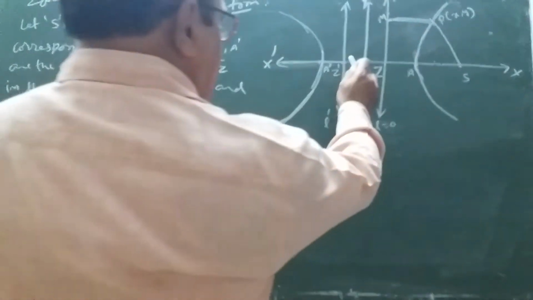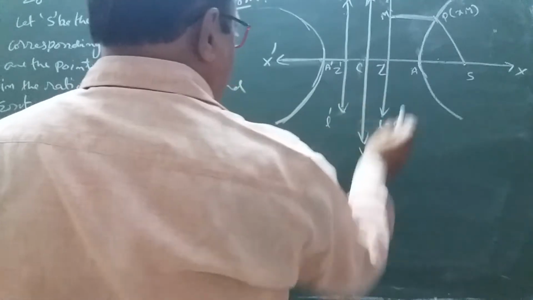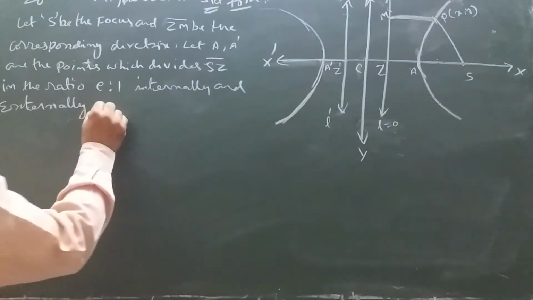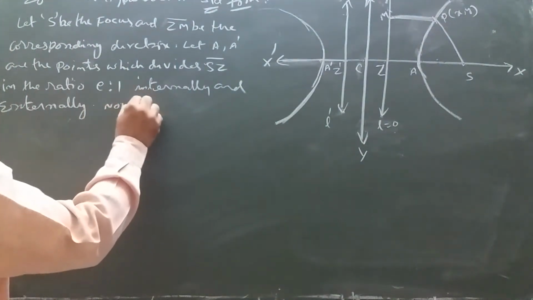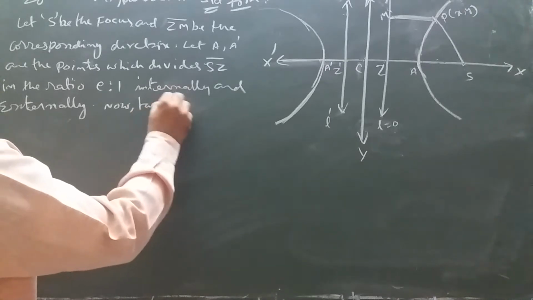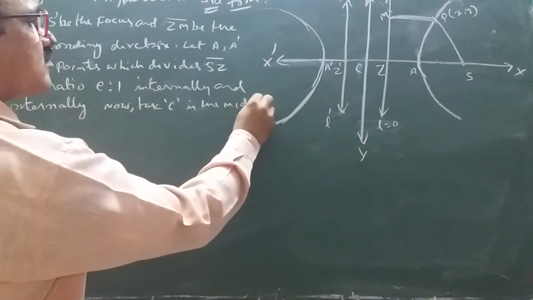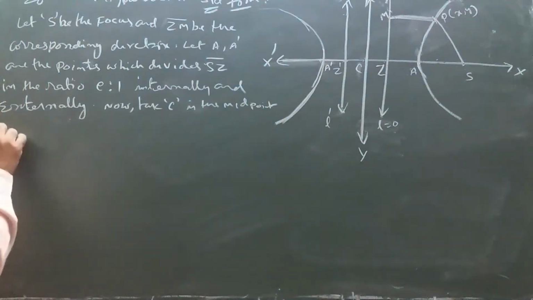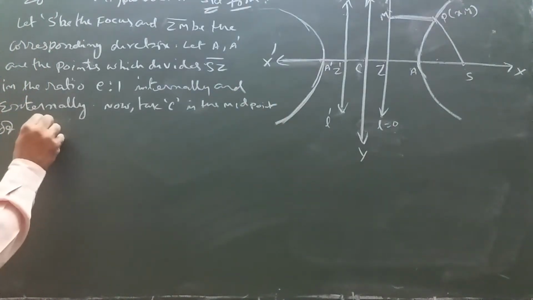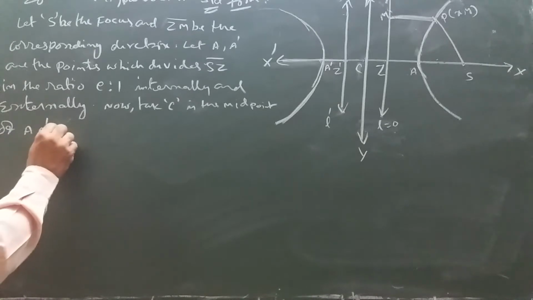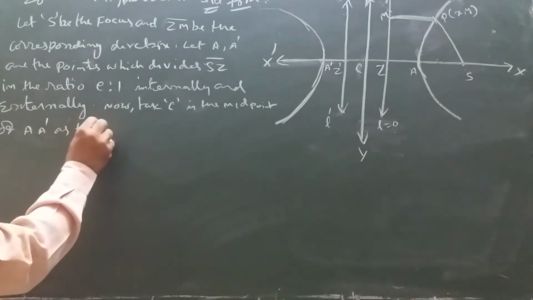Now take C as the midpoint of A A dash as the center.